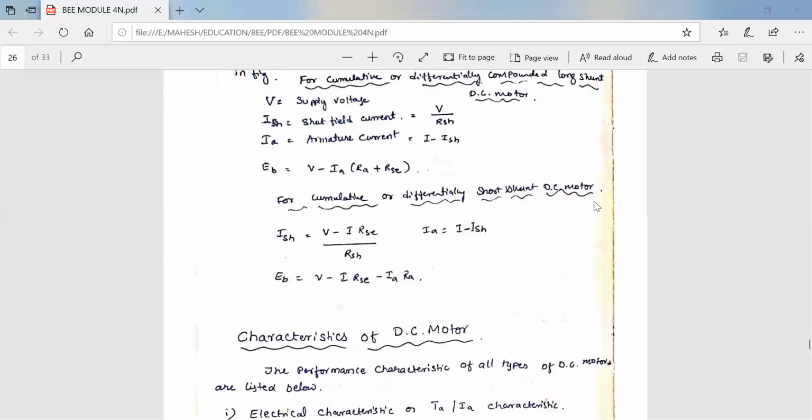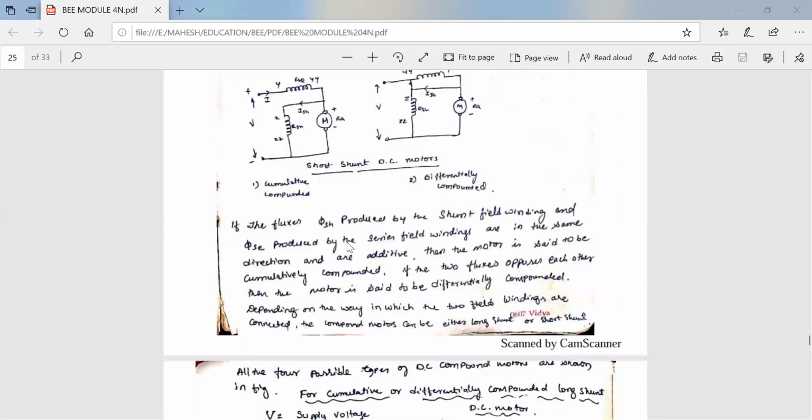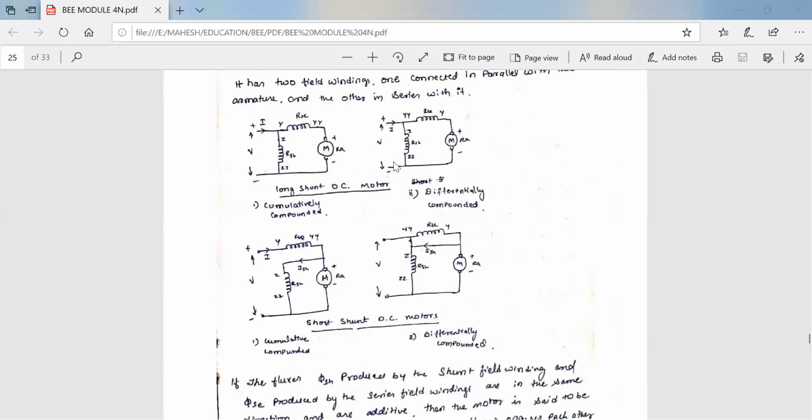Now for the short shunt. Here Eb is V minus I into Rsc minus Ia into Ra, and Ia is as it is, I minus Ish. For the shunt current, here it is (V minus I into Rsc) divided by Rsh, because the shunt field winding is in parallel with only the armature. That's why I need to consider the voltage drop across the series field winding.